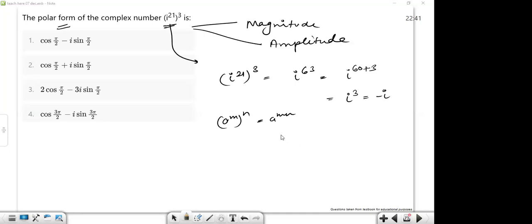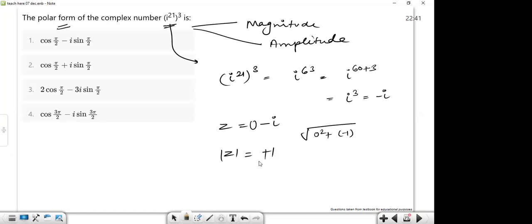Going ahead, now the complex number is minus iota. It is basically 0 minus iota, right? Let's now find the magnitude, which is the square root of 0 squared plus minus 1 whole squared.